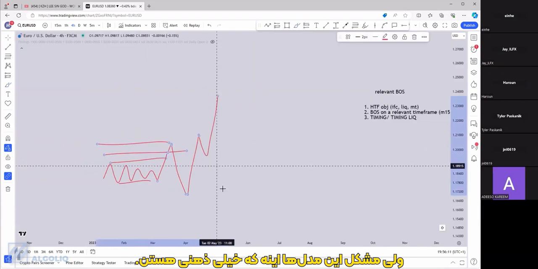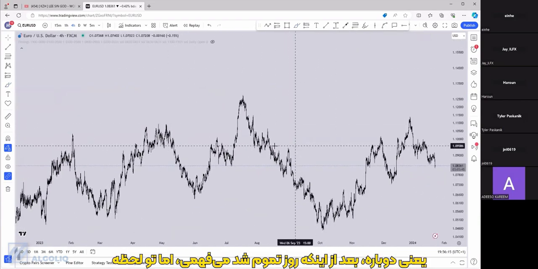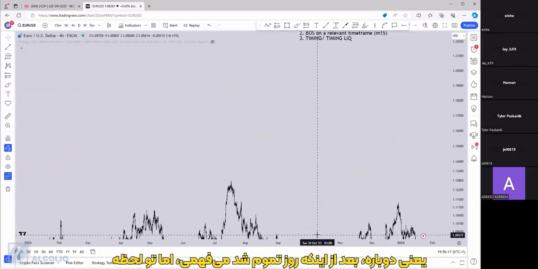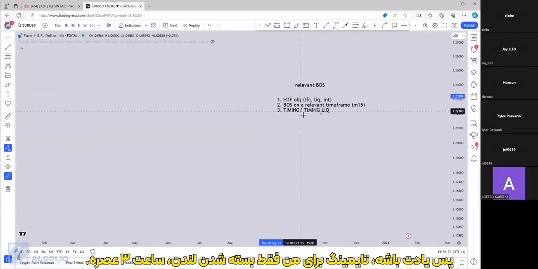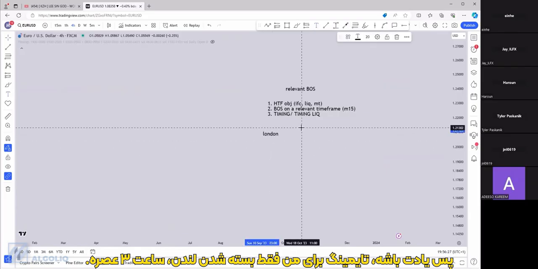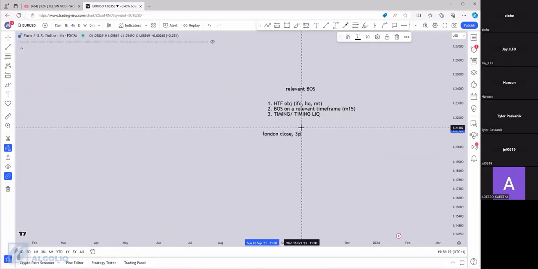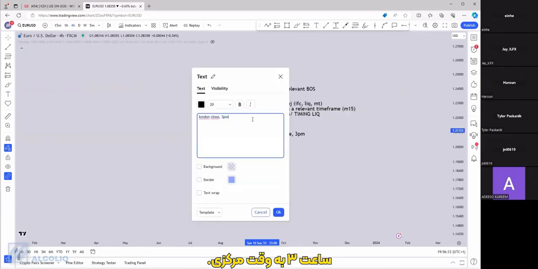But the problem with these models is it's very subjective. Like again, you would see it in hindsight after the day ends, but in real time, you have 10 models and you don't know which one to choose. So just keep in mind, timing for me is only London close, 3 p.m., and that's all you need to know. 3 p.m. Central Time.